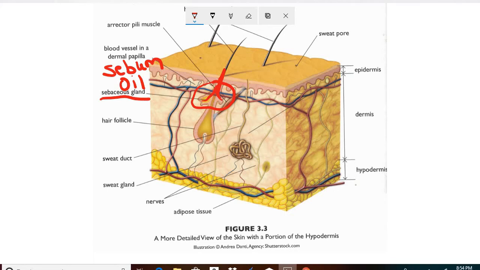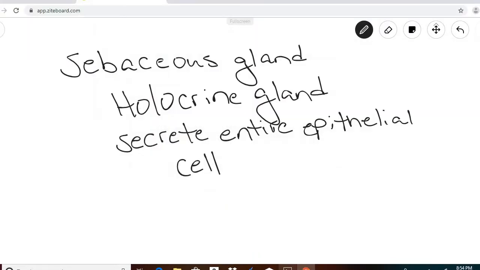Okay, I think that's all we need to say about this particular figure. Okay, now let's switch to the next figure.